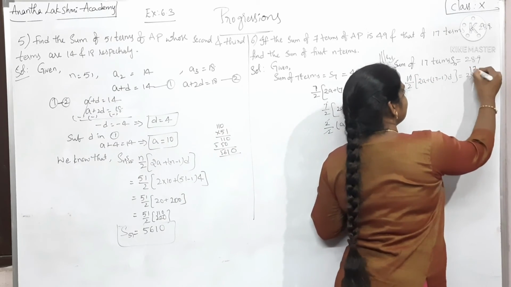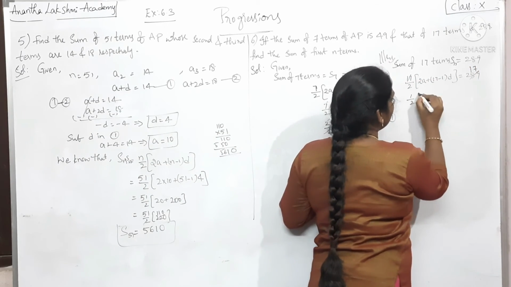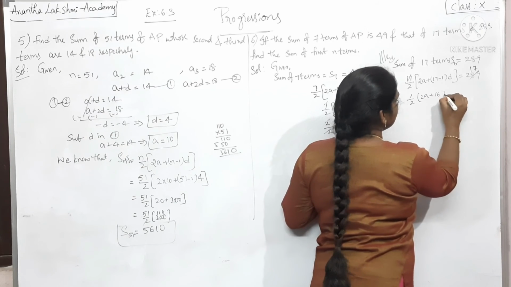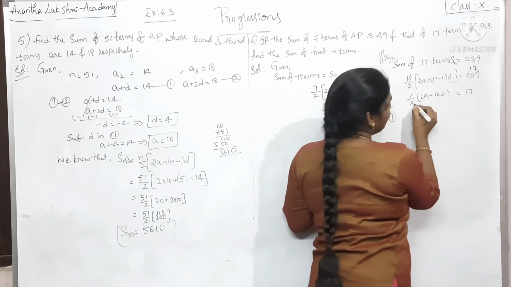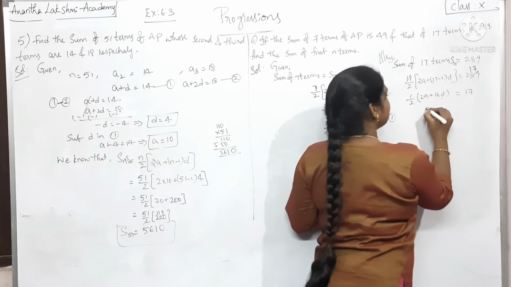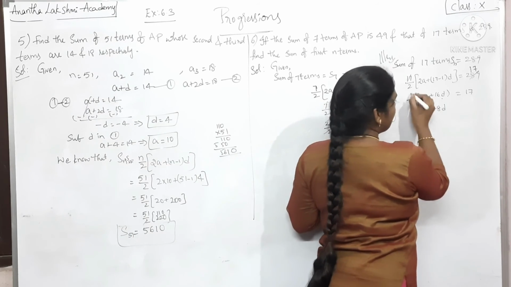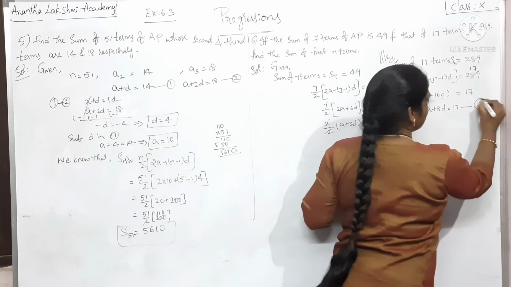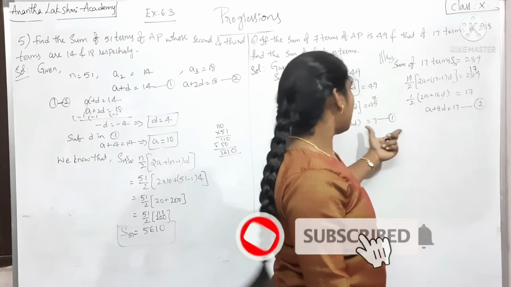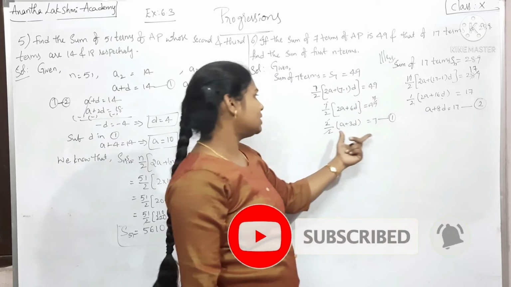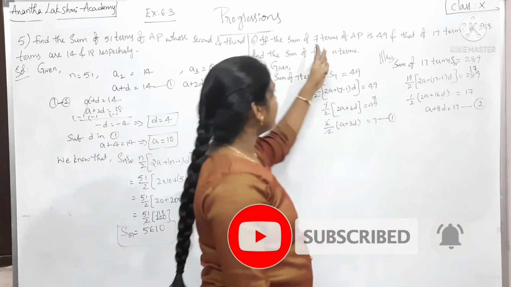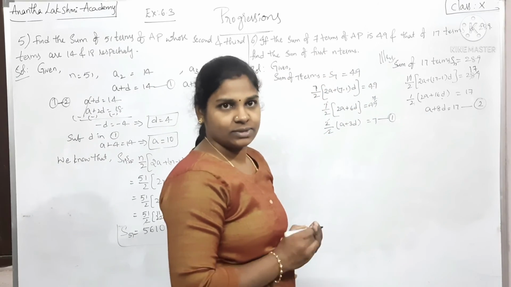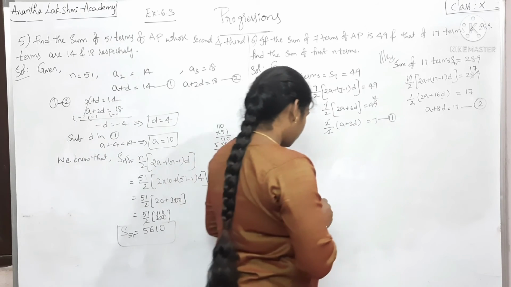That is 17 by 2 into 2a plus 16d is equal to 289. If you take 2 common from this equation, this will be a plus 8d, and that 2 and this 2 get cancelled, is equal to 17. This is equation number 2. From here, I am going to solve these two equations to get a and d, and finally calculate the sum of first n terms.